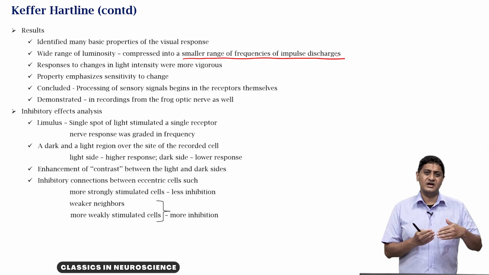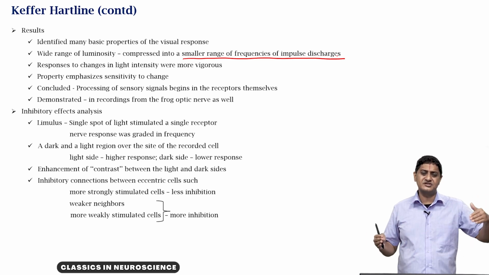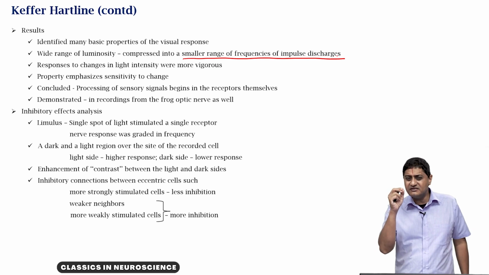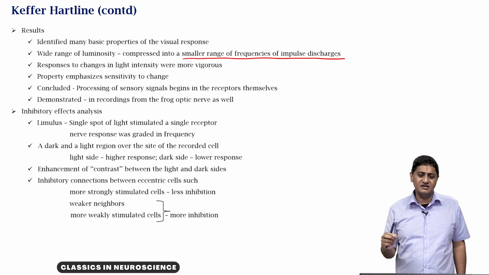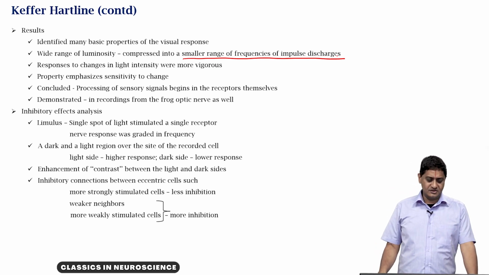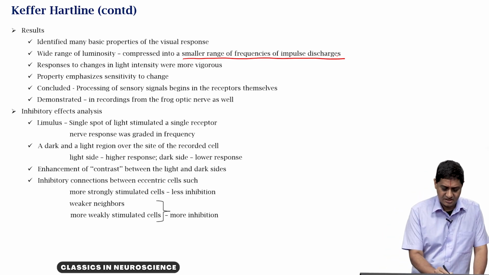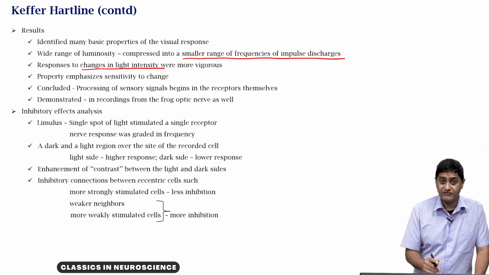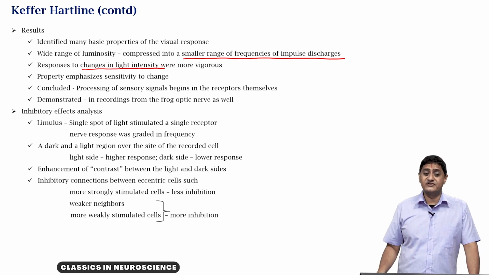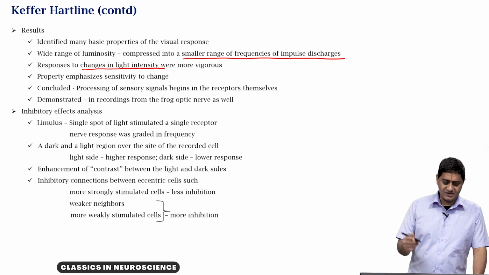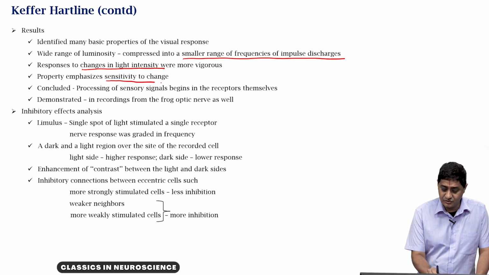So, a large range of luminosity is represented in relatively small changes in frequencies. Also, changes in light intensity were represented more vigorously. The responses to changes were more vigorous than just the presence or absence of light itself. So, there was sensitivity to change.